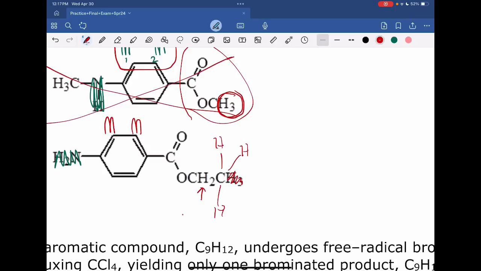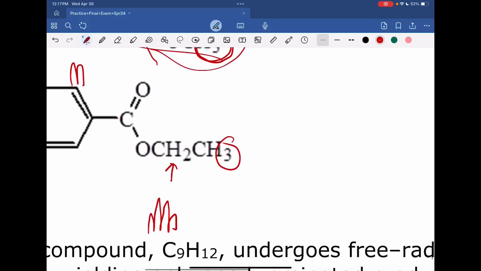So you had a graph that would look like this. You cut it 3 times. You're going to get 1, 2, 3, 4 peaks. Those are those H's. And then for this last carbon, the H's are going to be split twice.